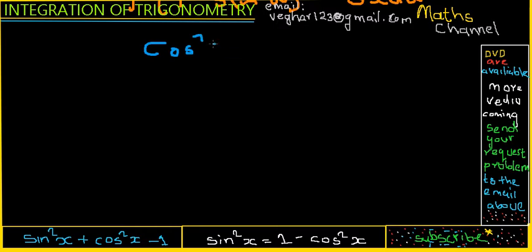So looking at this one, 7, I'm doing it because it will show how you have to simplify. So this one you split, you only split one side when it's an odd power.